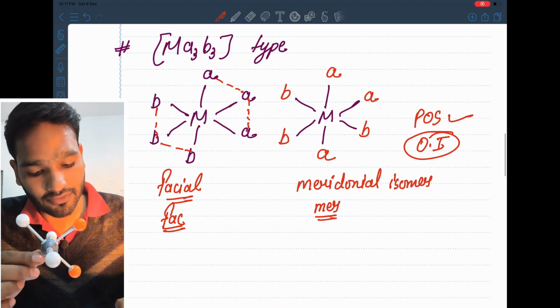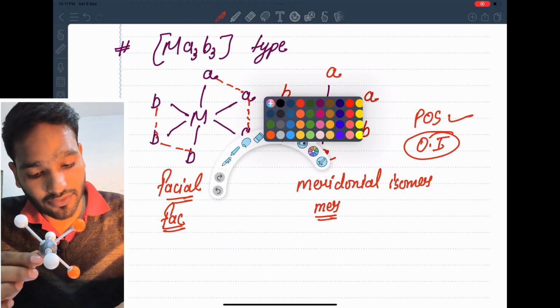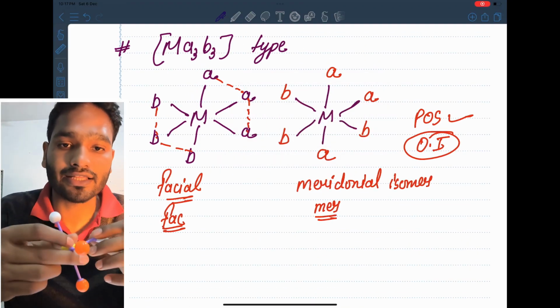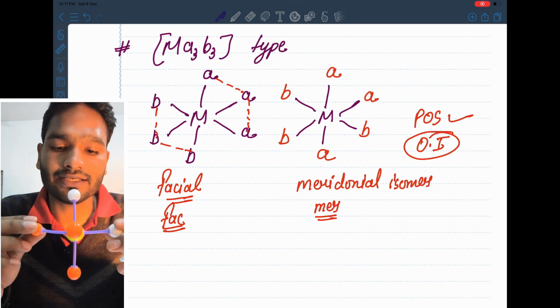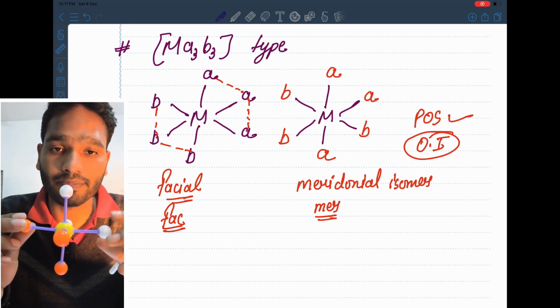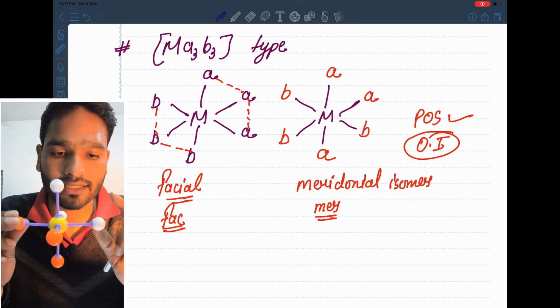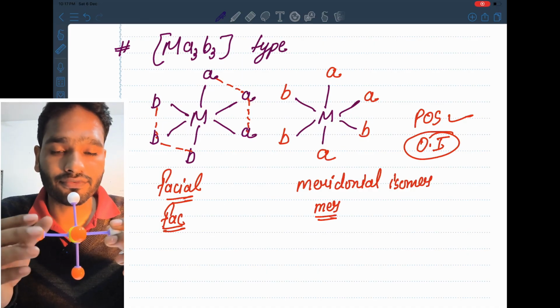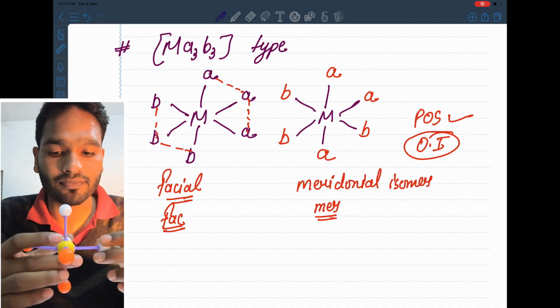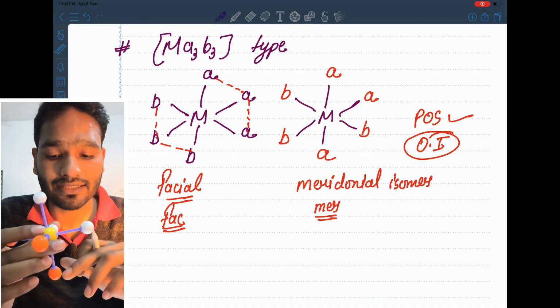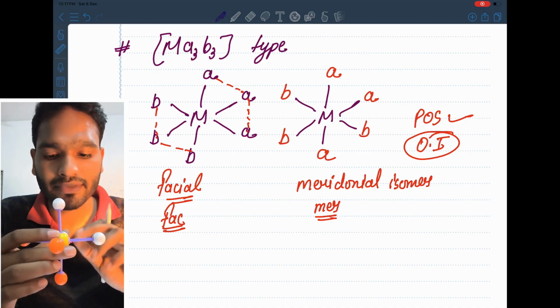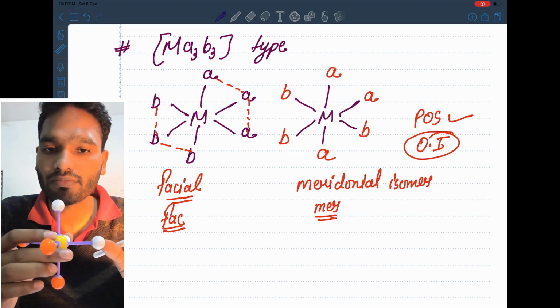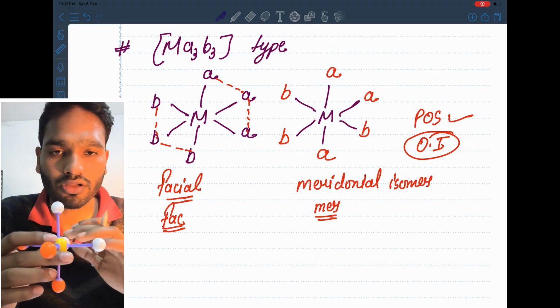Now coming to the facial one. In case of facial isomer, we are having this. Let's suppose you are passing a plane that is cutting this atom, this atom, this atom, and this atom. But this ligand and this ligand are different, so this plane will not be passing through all these 4 atoms.